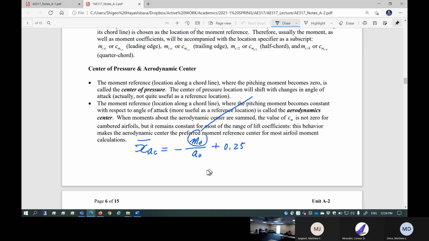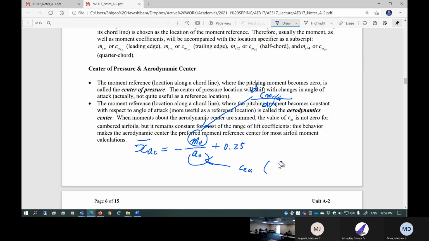What's m0? Well, a0, of course, you know, this is CL alpha. What's that? C_M quarter chord. d C_M quarter chord d alpha. Okay, this is the slope of a quarter chord moment coefficient. This is the slope of a CL, lift coefficient slope.